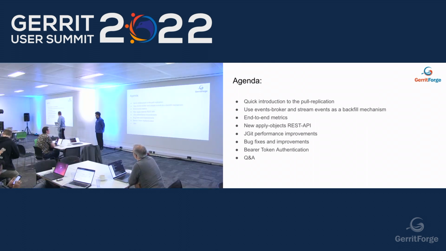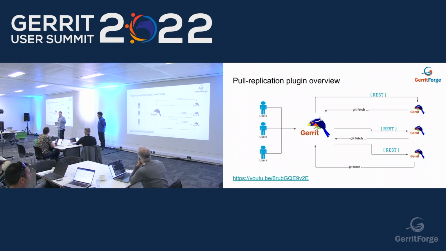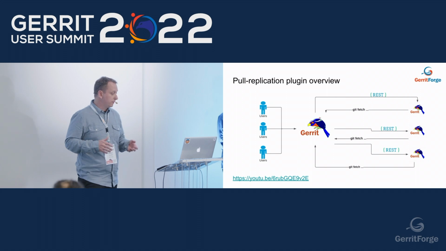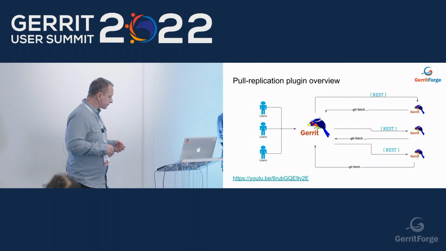Let's imagine that we have 4 Gerrit nodes. From the pull replication perspective, it doesn't matter if it is a replica or primary node, if they are all active-active, or we have just active-passive.